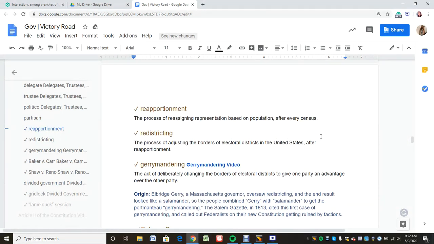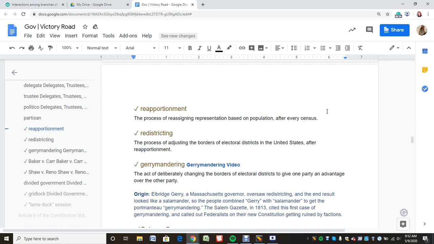All right, so we're gonna go back to this whole idea of gerrymandering. That's the act of deliberately changing the border of electoral districts to favor one party over the other. And this sometimes happens during redistricting, which is the process of readjusting the borders based on a new census. So there's population changes.